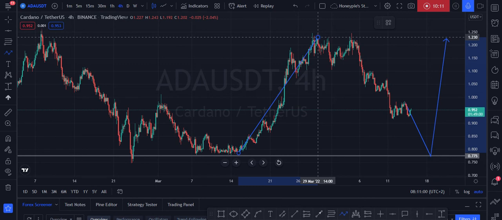The pace at which price did move to this point.